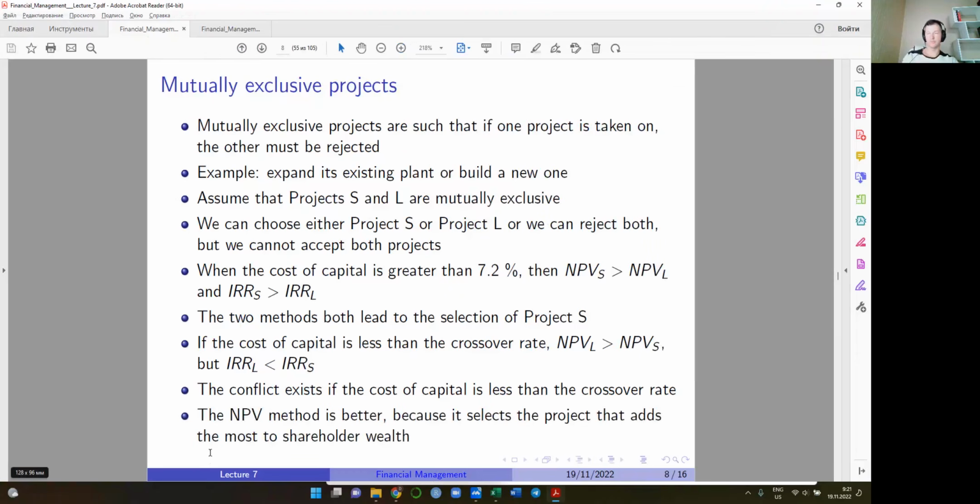Logically, the NPV method is better. Why? It selects the project that adds the most to shareholders' wealth. And this is why we always prefer net present value over internal rate of return. Usually we look at the NPV.